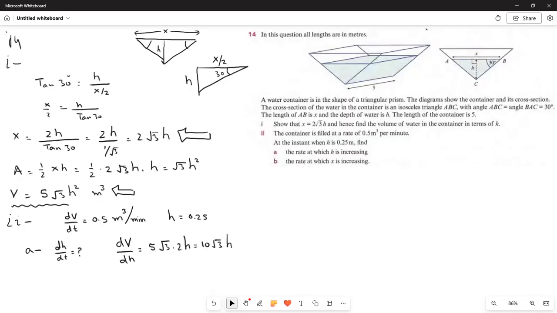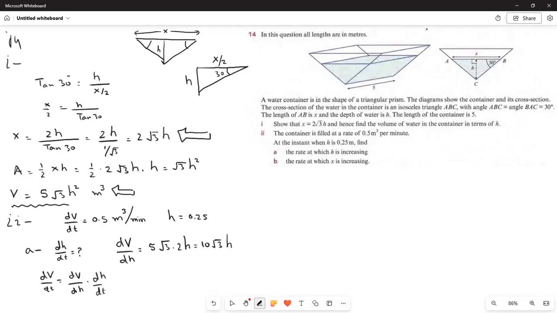I hope you agree that dV by dt is equal to dV by dh into dh by dt.